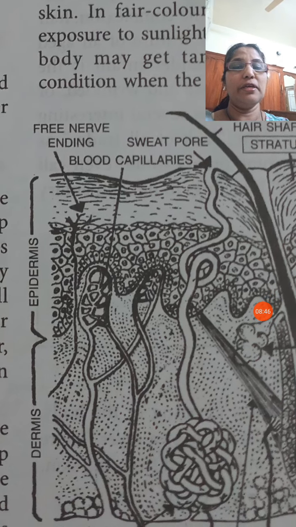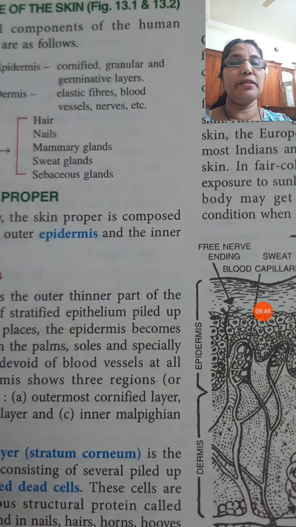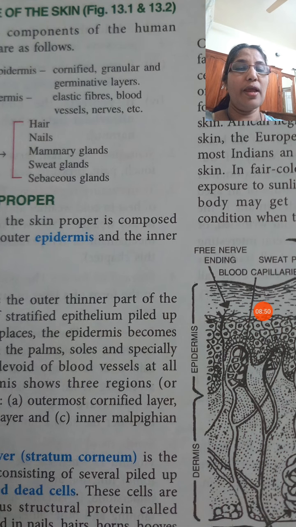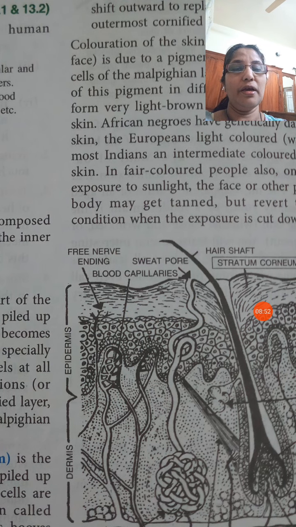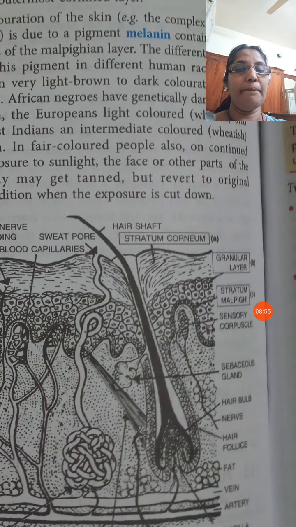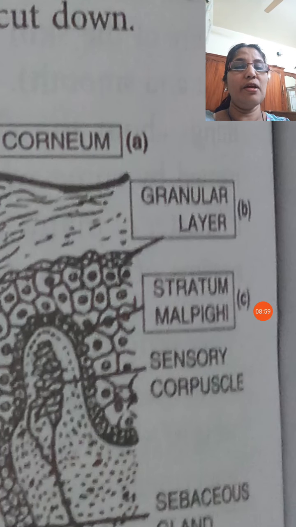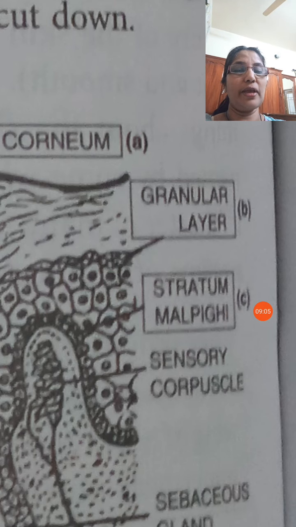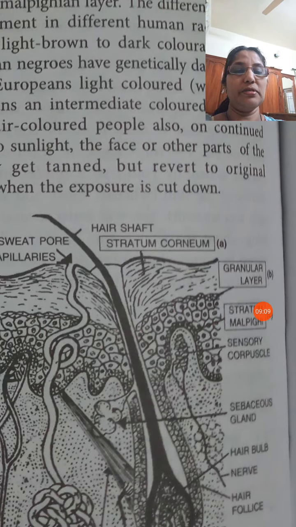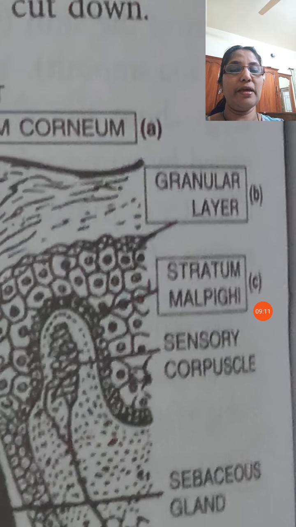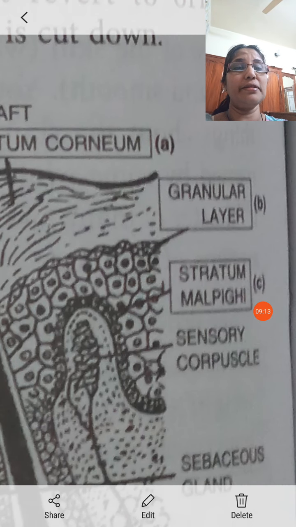You know that other layers are there, the granular layer. You can see the granular layer here. Below these layers you can see another layer known as the stratum malpighi, the germinating layer.